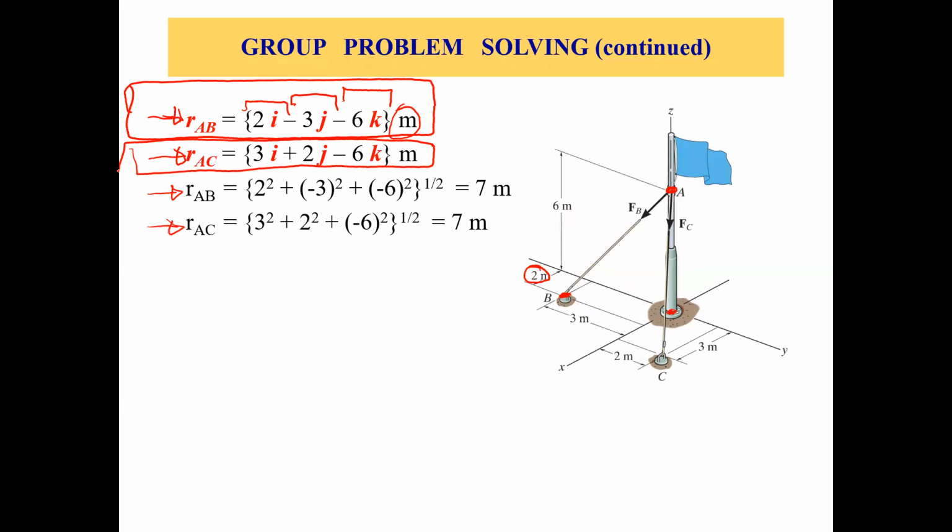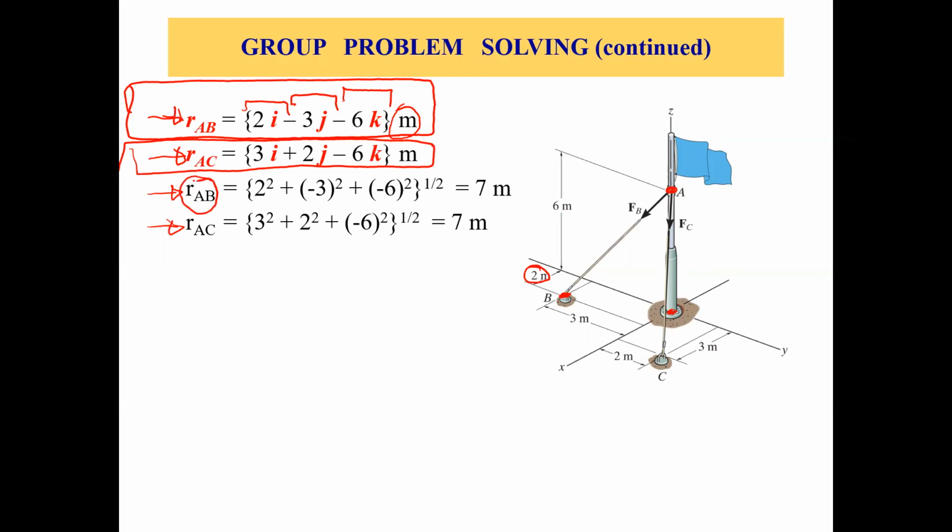Okay, so we are done with the position vectors. Next, we want to find out the magnitudes of these position vectors. So how do we find the magnitude of position vectors? Let's talk about RAB.